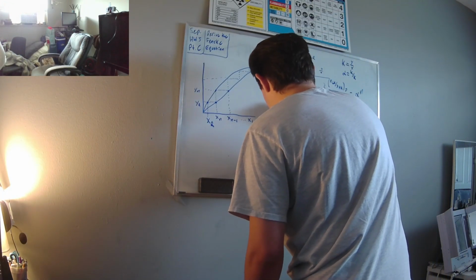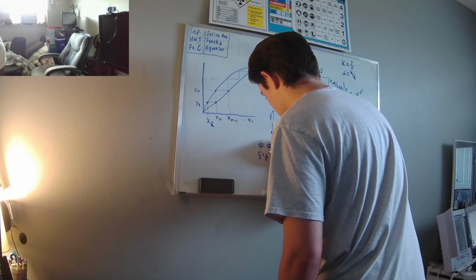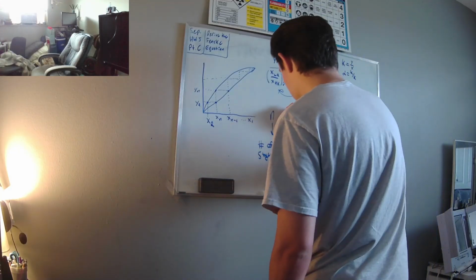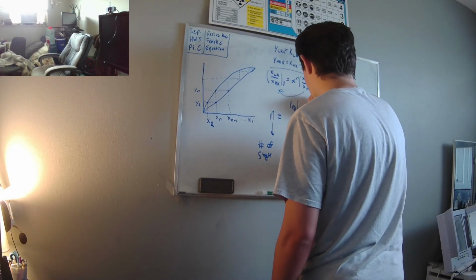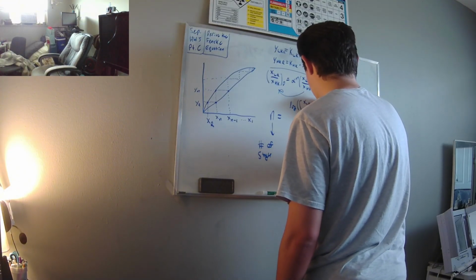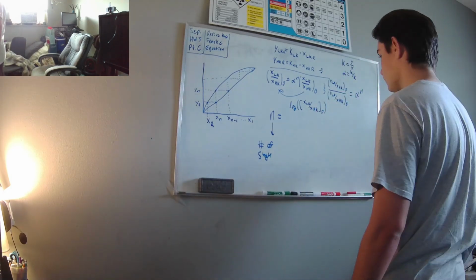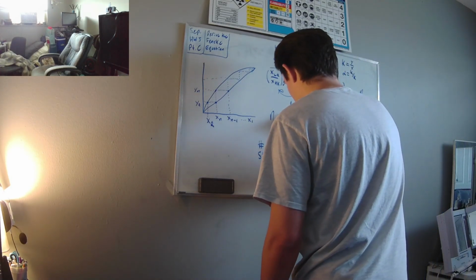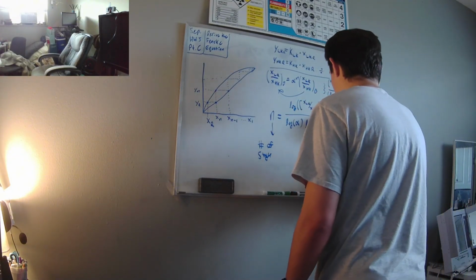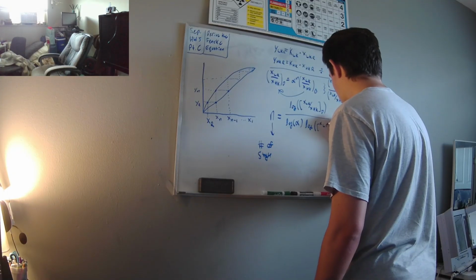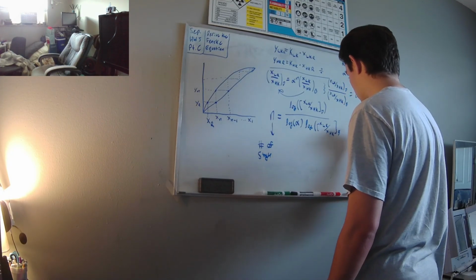What we end up getting is that N, the number of stages, equals the log of our XLK over XHK at the distillate divided by the log of our alpha value times the log of our X at LK over X at HK at the bottoms.